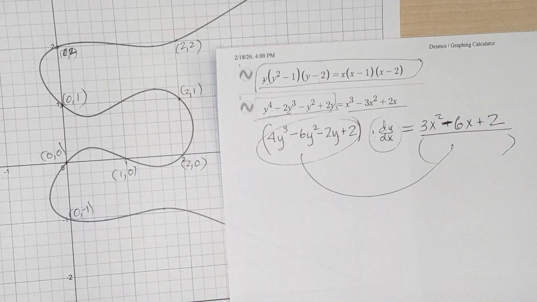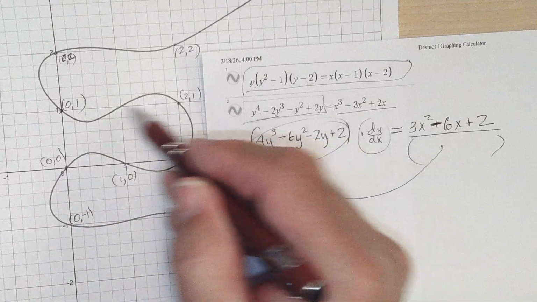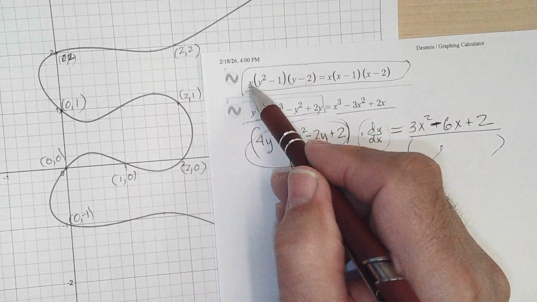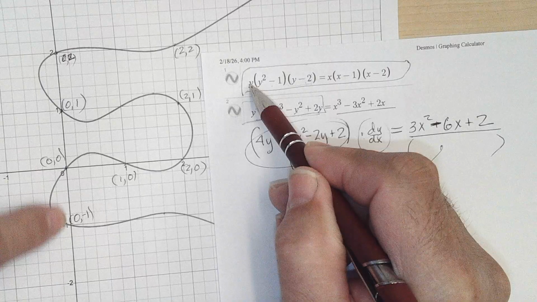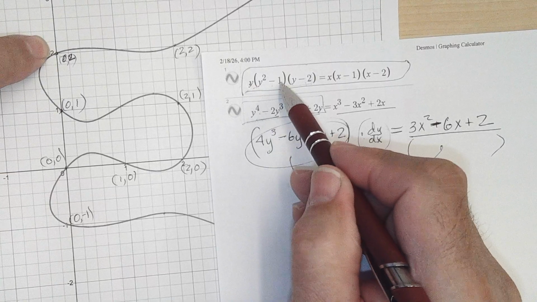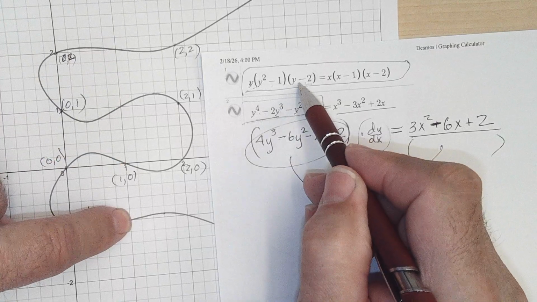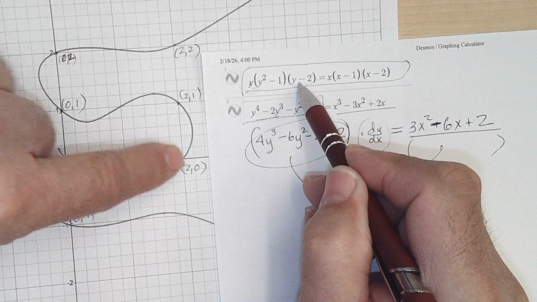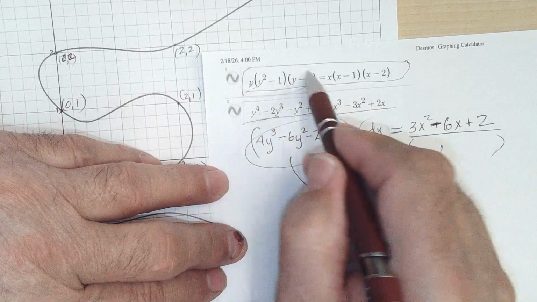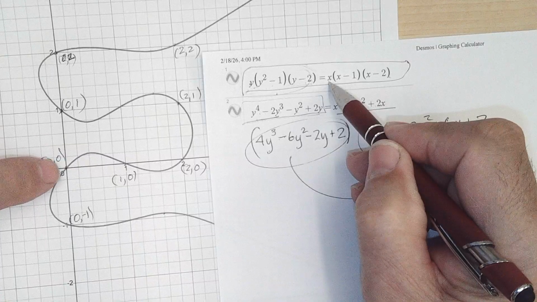Now, before I go on doing this, how do I know these are the points? They look like it. Well, what makes this 0 is y could be 0, and it has 4 places. Y could be plus 1, has 4 places, or it could be plus 2, has 4 places. Those are what make that side 0, and what makes this side 0 is 0 for x.